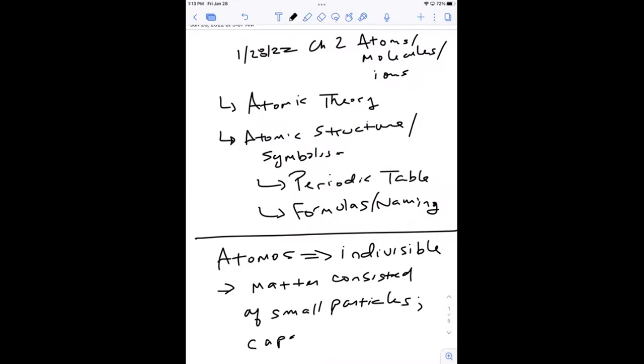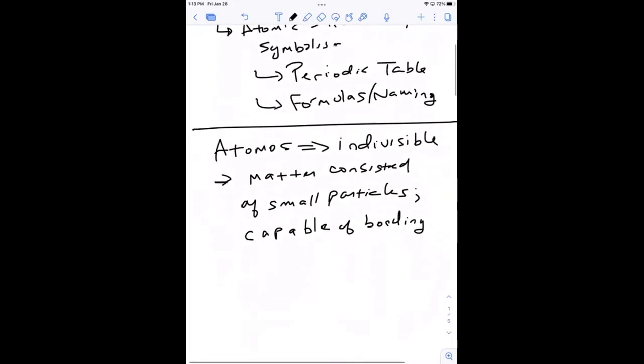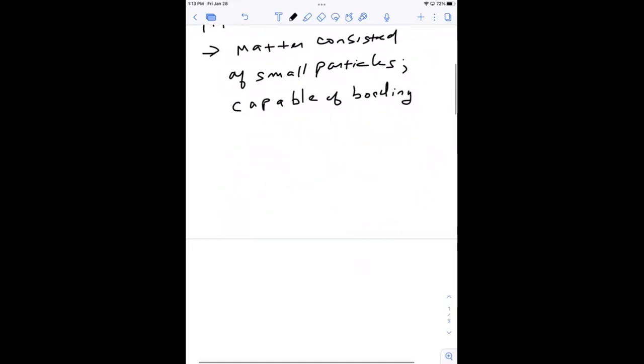I'm going to say bonding. They didn't say bonding because that wasn't a term used back then, but I'm going to say it. So the particles in matter have the capability to form bonds between each other.